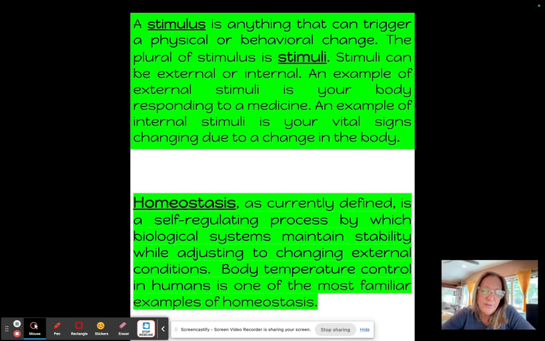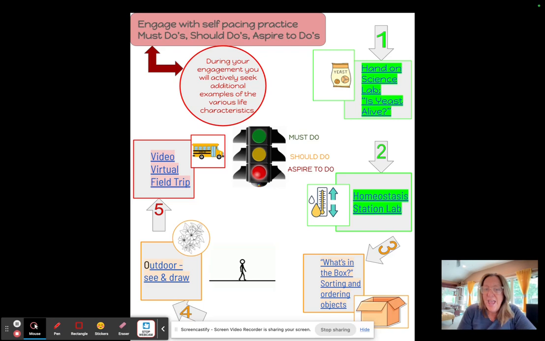We're not going to review those examples just yet because now the fun begins. You're going to start your practice work, and when we're all done with the practice work, we will review those examples, not only from that slide, but real life examples that you're going to be able to see and collect in completing these practice assignments.